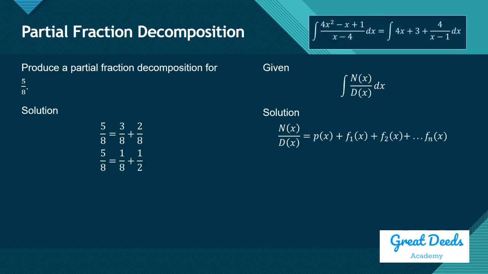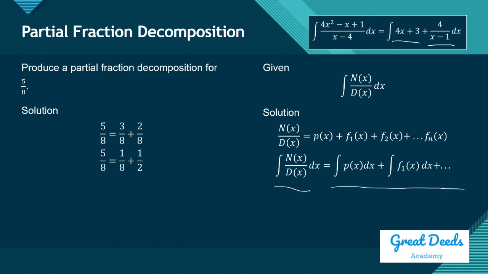That is what we did here: 4x squared minus x plus 1 over x minus 1 is equal to 4x plus 3 plus 4 over x minus 1. This is a polynomial function, and this one is a partial fraction. So instead of working directly on your rational function, we will get the integral of our partial fractions term by term.